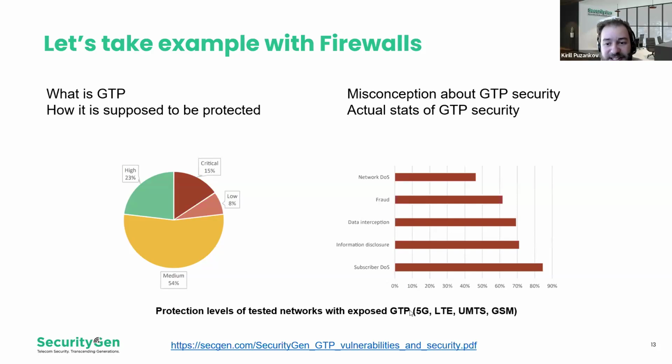And we actually see insufficient protection, resulting in a wide range of possible attacks on the EPC core, from denial of service to data interception. And the recent case you probably heard about, GTPDoor, is another example of the lack of protection, where the GTP protocol is actually used as a transport to transfer some controlling information.